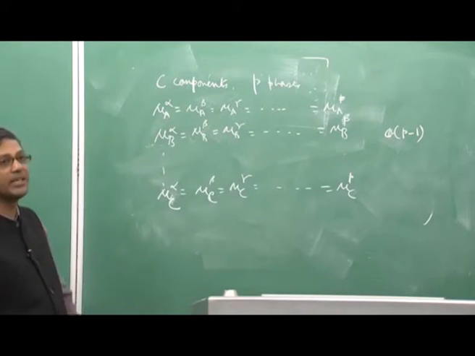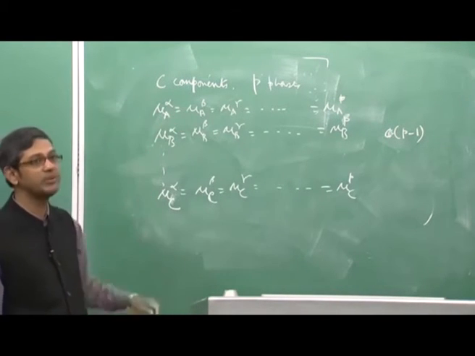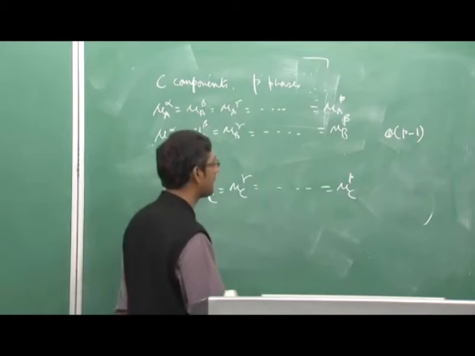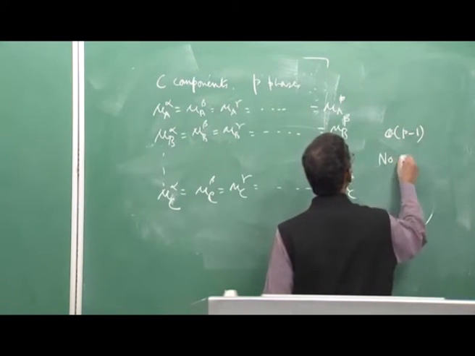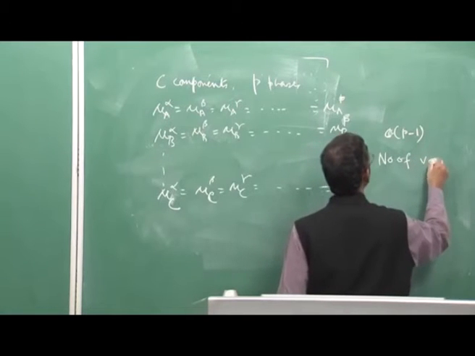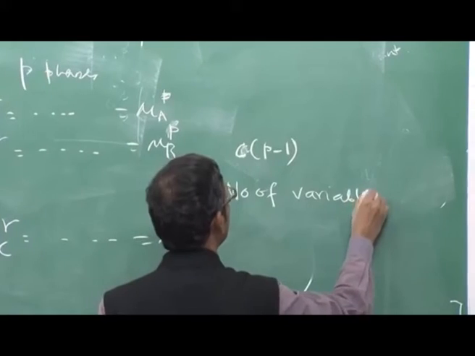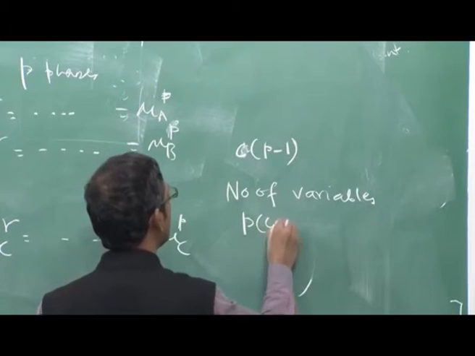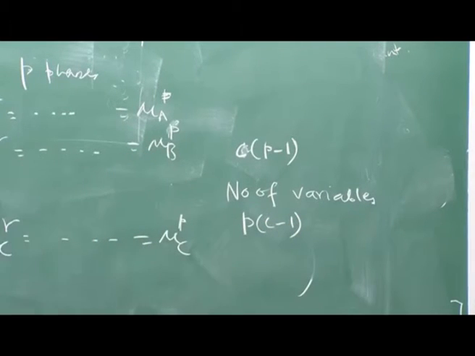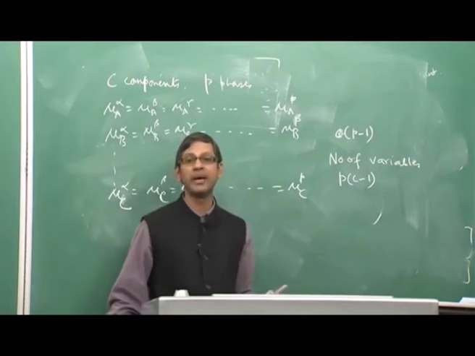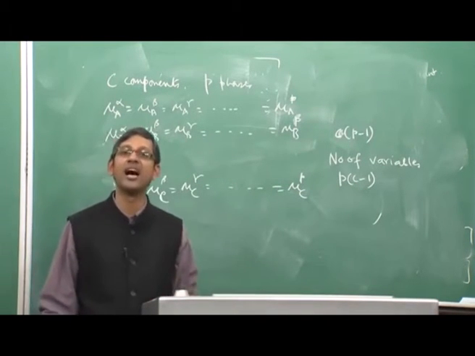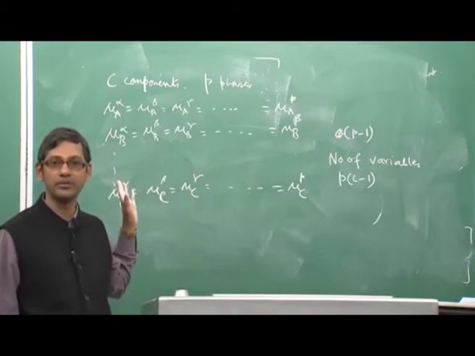But what is the number of variables? When I have so many components, so many phases, the number of variables are, let us write down, P phases, C minus 1 components. Why? That is very simple. If I know the compositions of C minus 1 components, I know the composition of all the C components. Why?